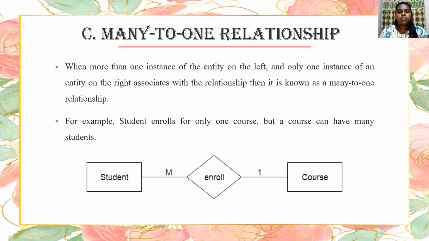Many-to-one relationship. When more than one instance of an entity on the left and only one instance of an entity on the right associate with the relationship, it is known as a many-to-one relationship. For example, a student enrolls for only one course, but a course can have many students.